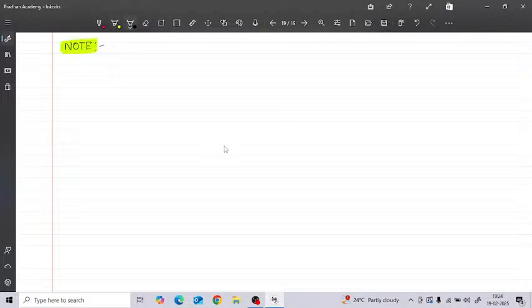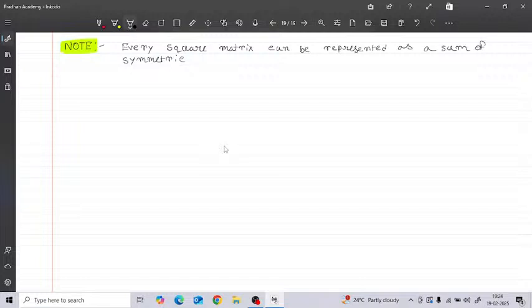So what is the note? It is written that every square matrix can be represented as a sum of a symmetric and skew symmetric matrix.